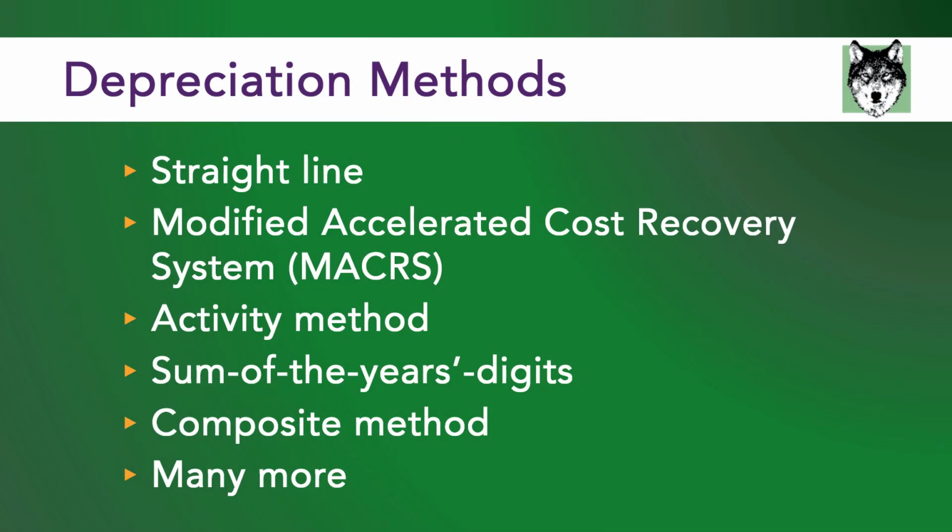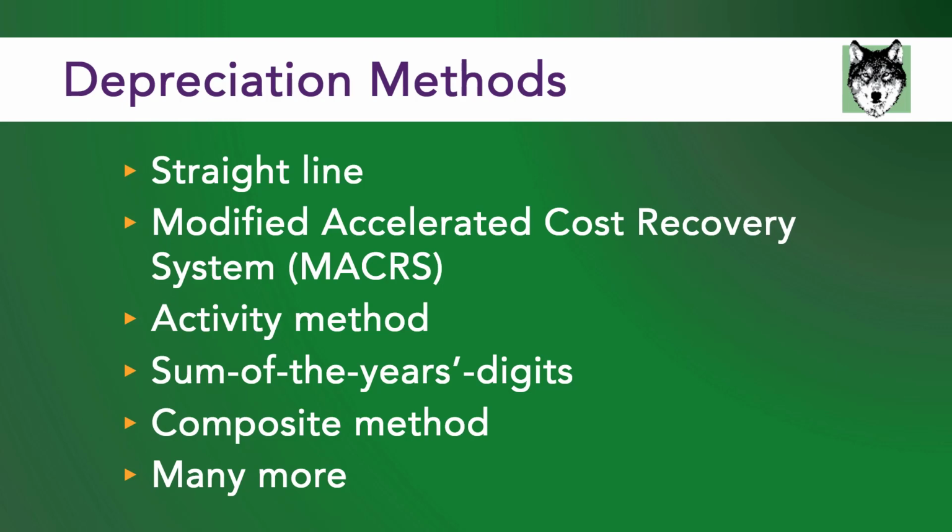Well, it gets very complicated because there is a lot of different ways that you can calculate depreciation. So here's just a couple of examples. Straight line, modified accelerated cost recovery system, or MACRS, that's what we use to do taxes in the United States. You have the activity method, the sum of the year's digits, composite method, and there's many more methods of doing depreciation.